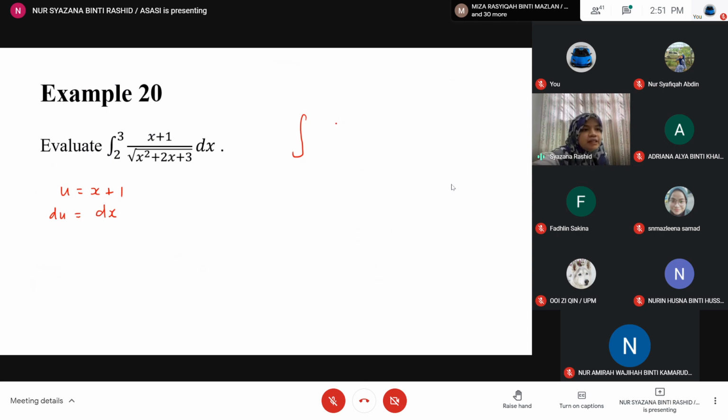So, sini jadi u. U over ni lah. X square plus 2x plus 3 dx. Then we need to think of this from here. Jauh ni, kan? Ni dengan yang ni.